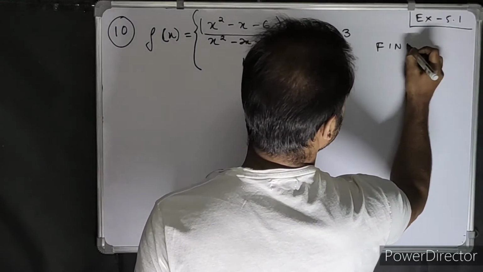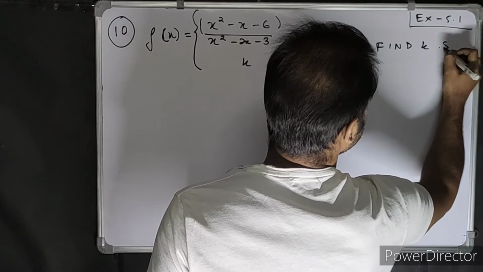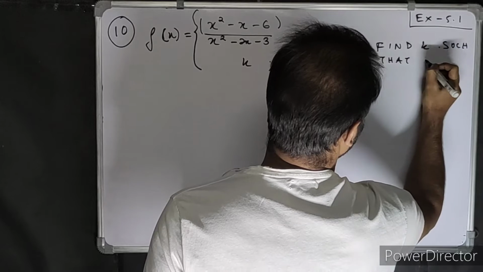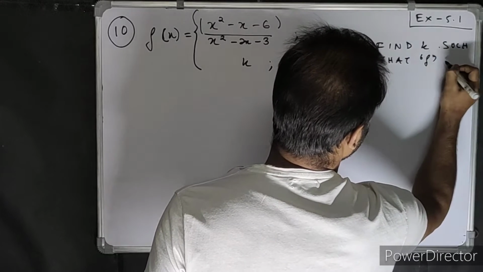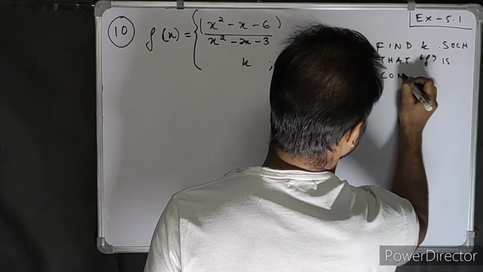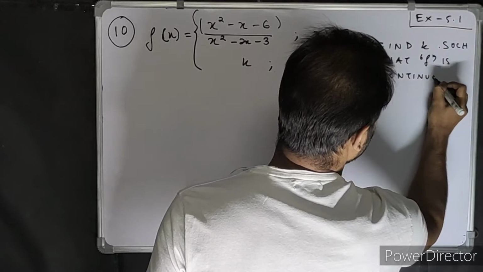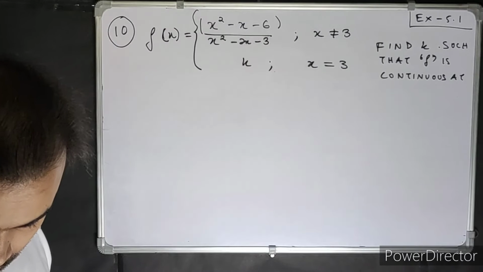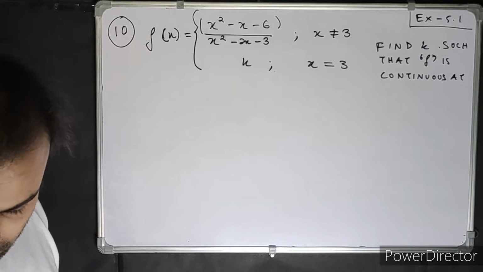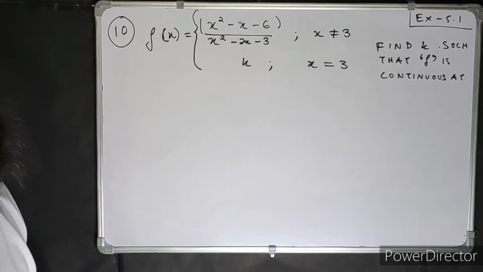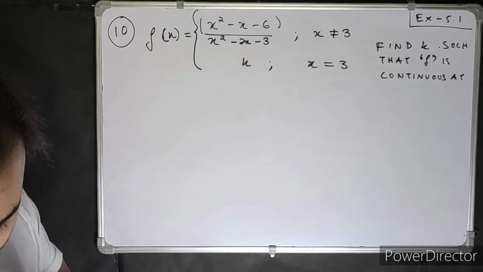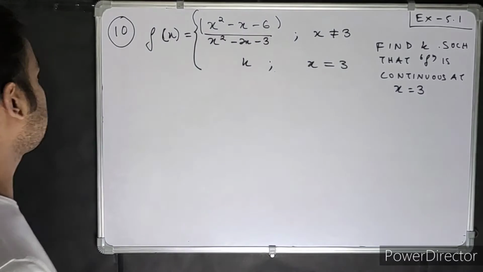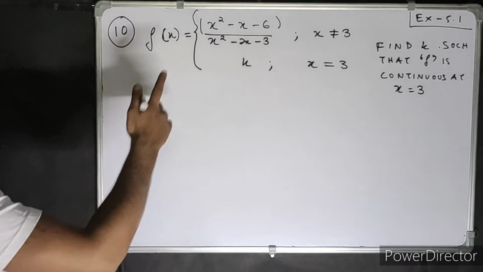It says actually find k such that f is continuous at x equal to 3.